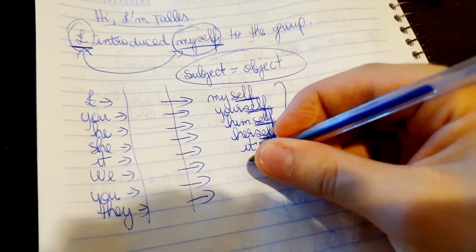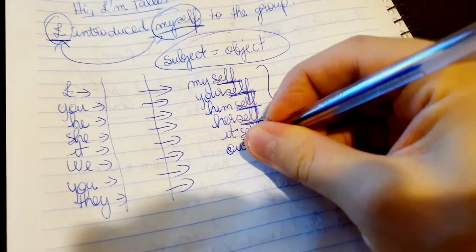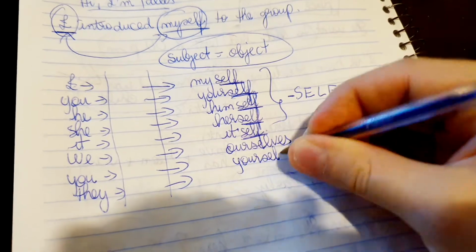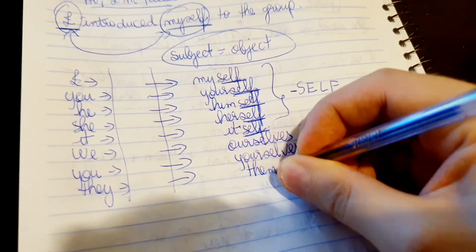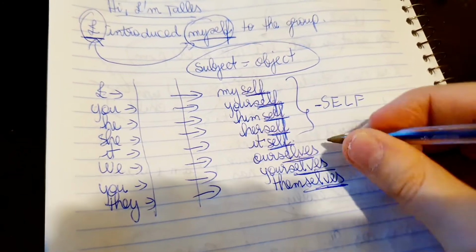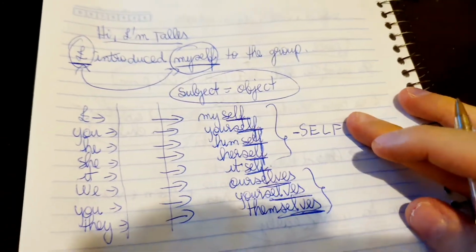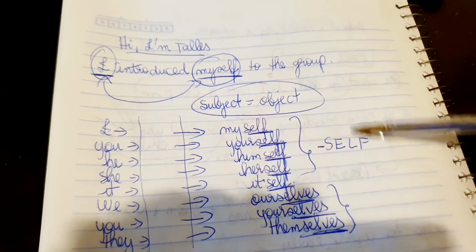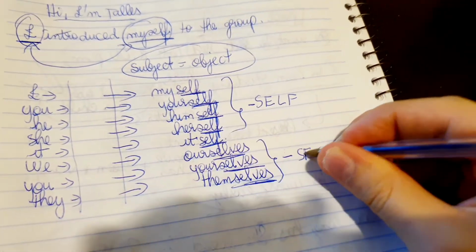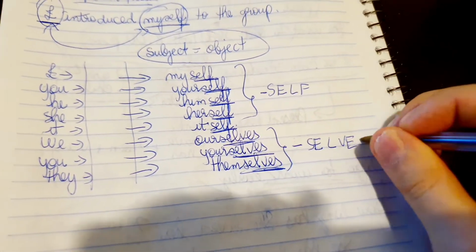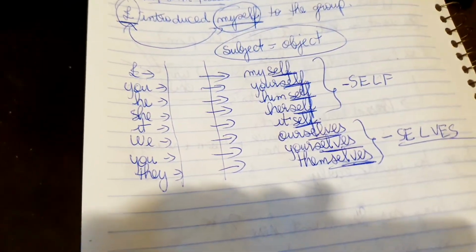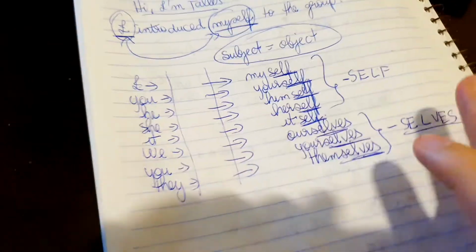So it becomes we, ourselves, yourselves, and themselves. So while in singular sentences we use self, plural determination is selves. Self, selves, right? In general, it's the only thing you have to worry about.